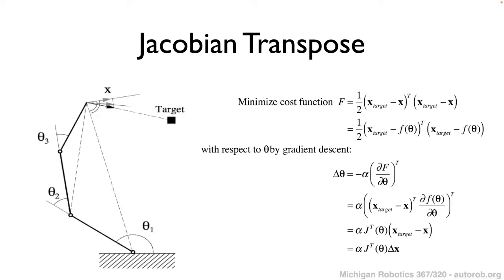That's the principle behind how the Jacobian transpose really works. It ensures that each step we move will correspond to some degree of minimization of the cost function, where the cost function measures the difference between the target pose of our end effector and the current pose of our end effector.